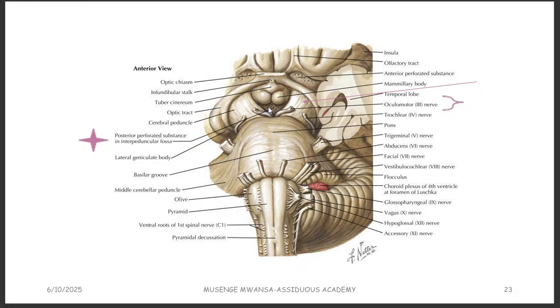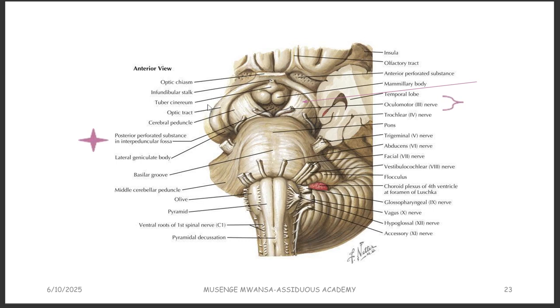So we have got this depression here. That's what is known as the interpeduncular fossa. Okay, and just within the interpeduncular fossa, we have got what we call the posterior perforated substance, and then on the sides, that's where I've got the crus cerebri.